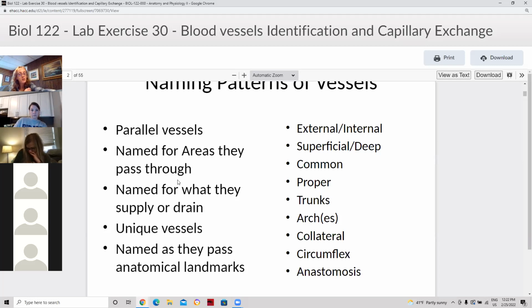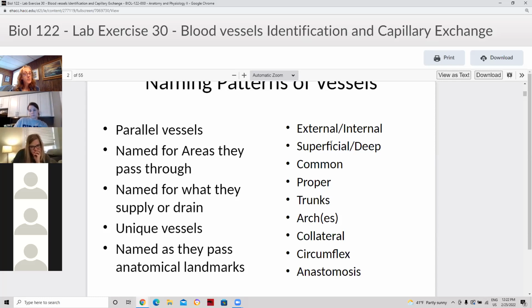Cubital refers to your elbow, and median means it runs through the middle of your elbow. So vessels are named as they pass anatomical landmarks.